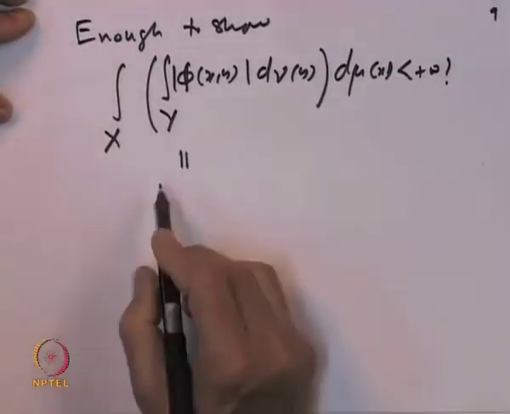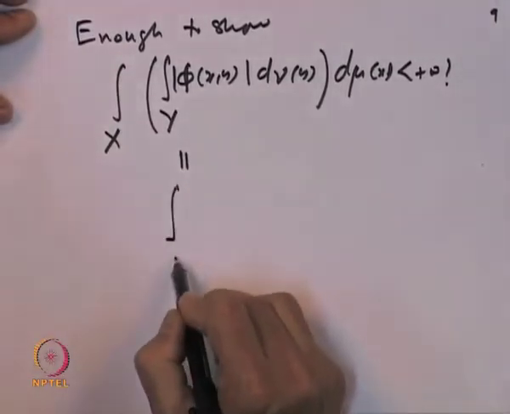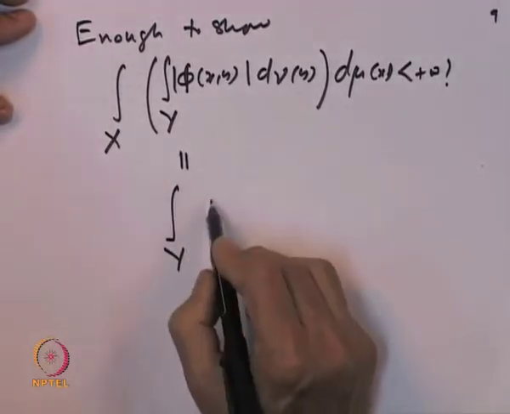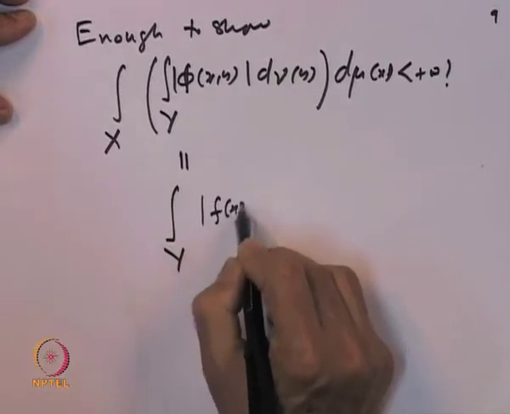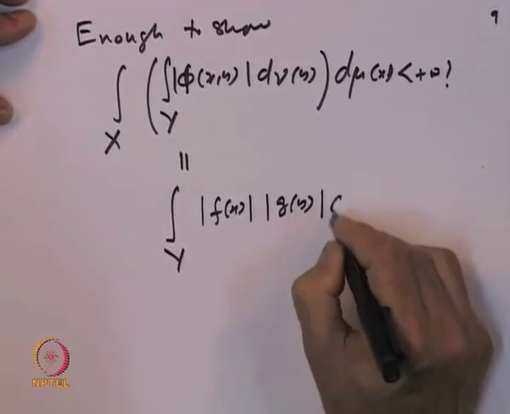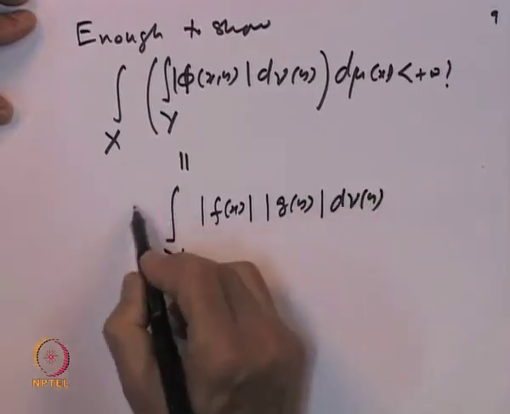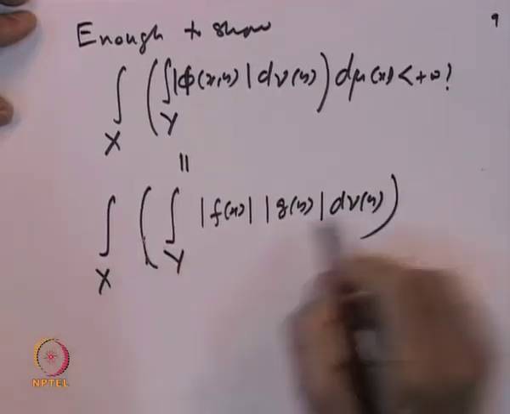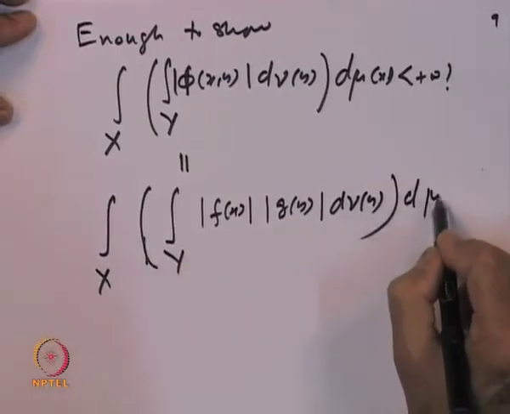So, this quantity is equal to the inner integral over y, phi x y is f x g y. So, it is mod of f x mod of g y, okay, d nu of y, integral over x of d mu x.